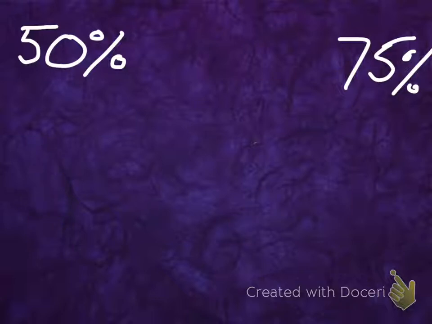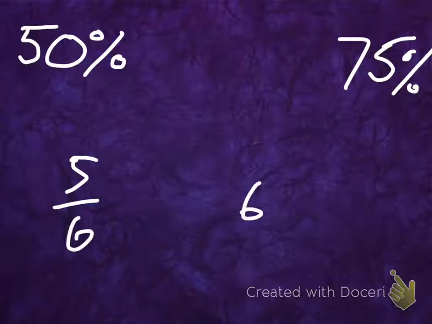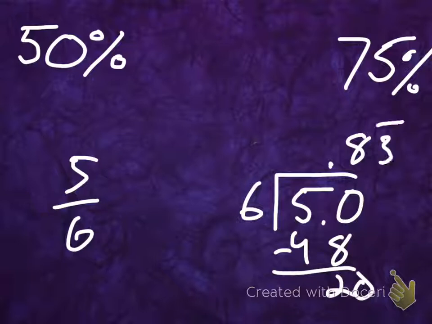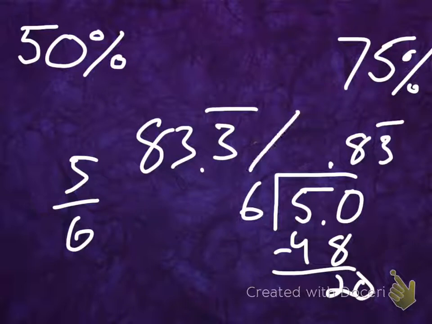Just to check, we'll look at D. D is 5/6. 6 goes into 5 8 times, and then we're going to get 3 repeating. That's going to be 83.3 repeating percent, which is too large. So C was our answer. Any questions on that one?